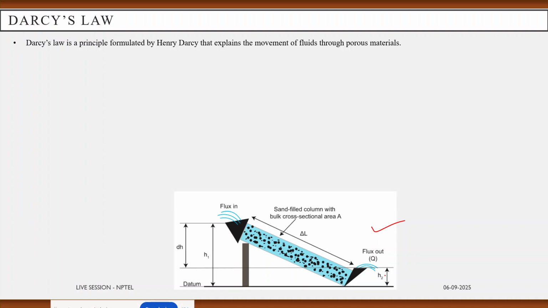So the height difference here we are considering h1 minus h2, and the length of the porous bed is del L.